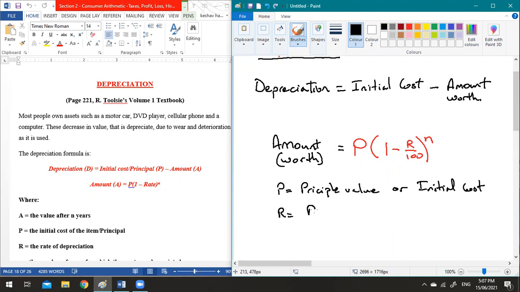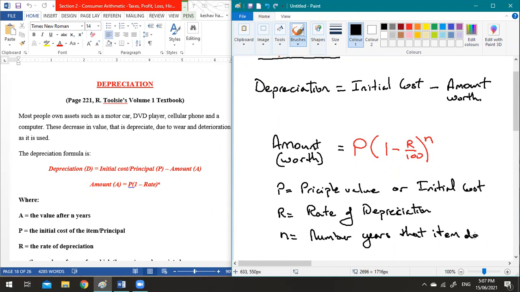R is the rate of depreciation, and N is the number of years that the item depreciates.